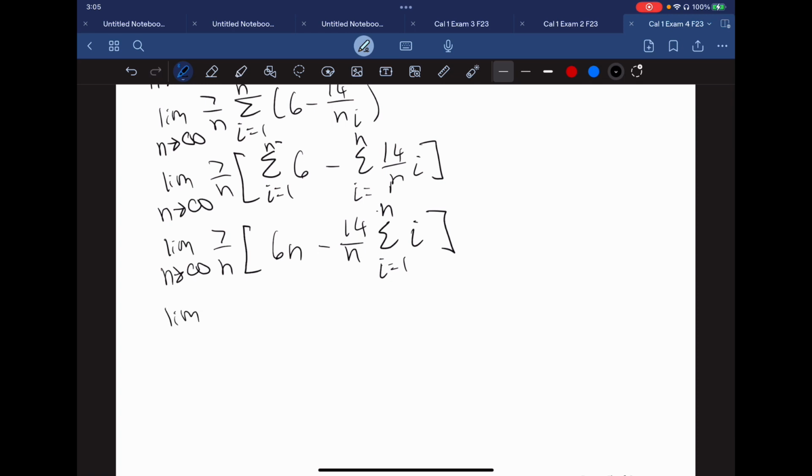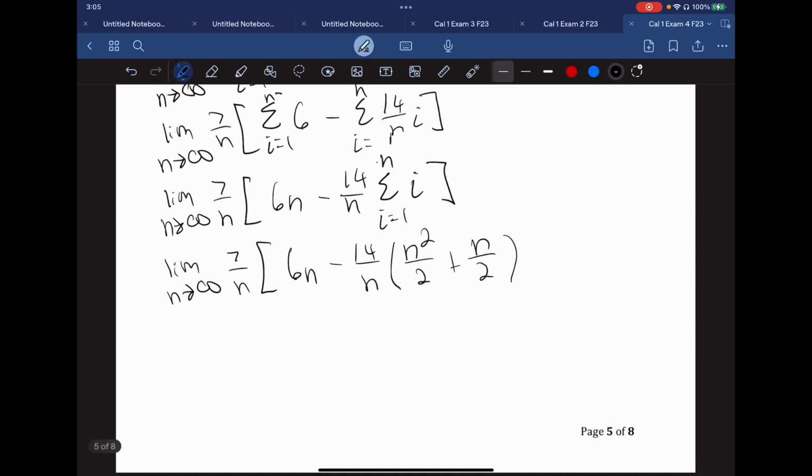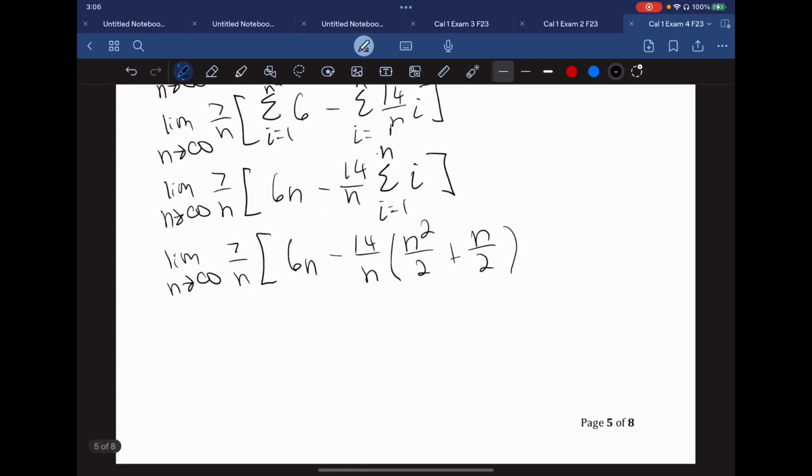And so the limit as n approaches infinity, 6n minus 14 over n, and then this is where the i rule applies, n squared over 2 plus n over 2, right? And then now let's distribute this 14 into each of these, or the 14 n squared.